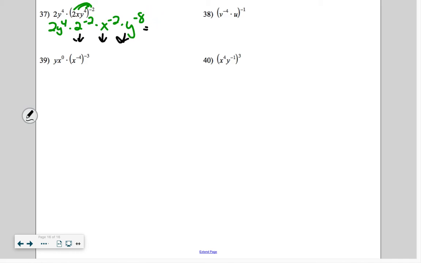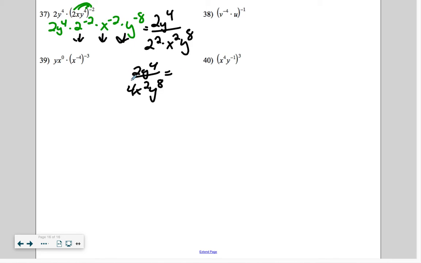So we've got 2y to the 4th divided by 2 squared times x squared times y to the 8th power. Now, let's give you enough space here. We have 2y to the 4th divided by 4x squared y to the 8th. Now this 2 divided by 4 is the same as 1/2. And the x squared goes down there.